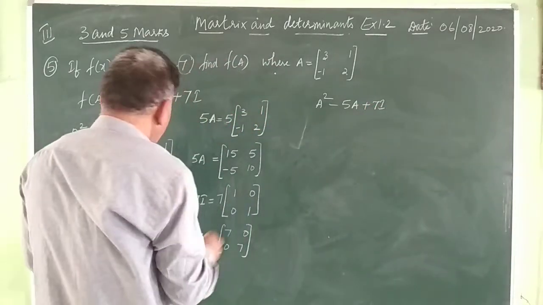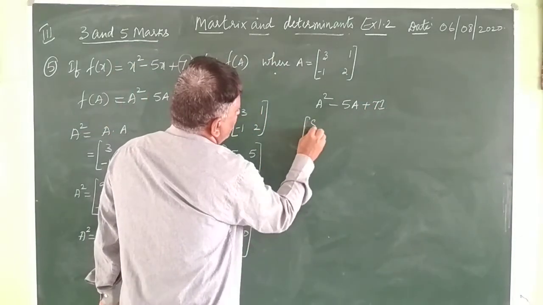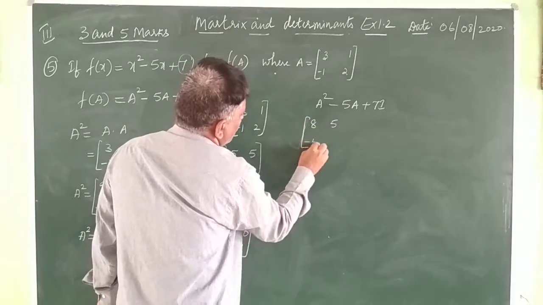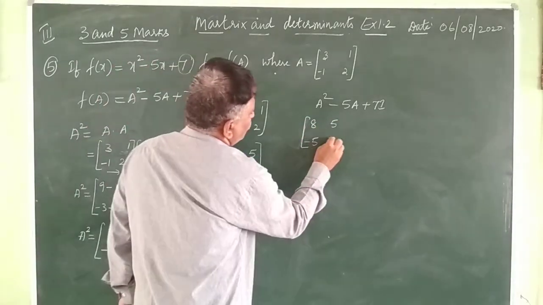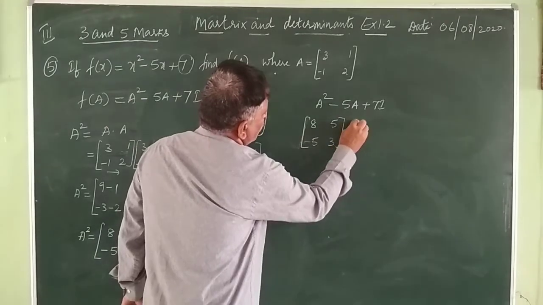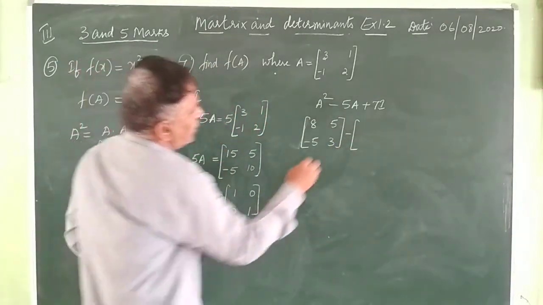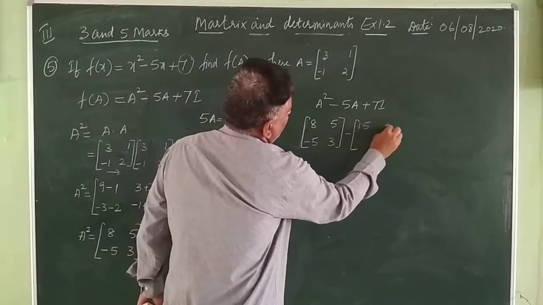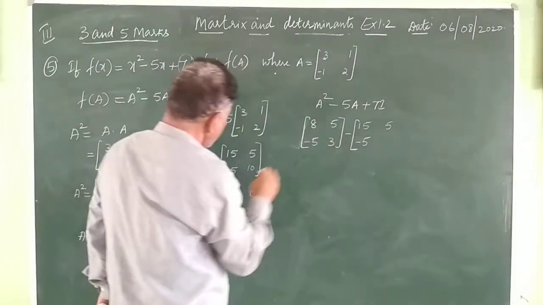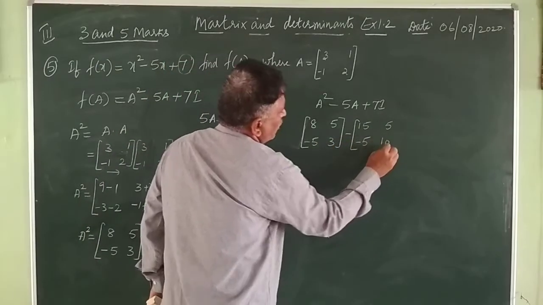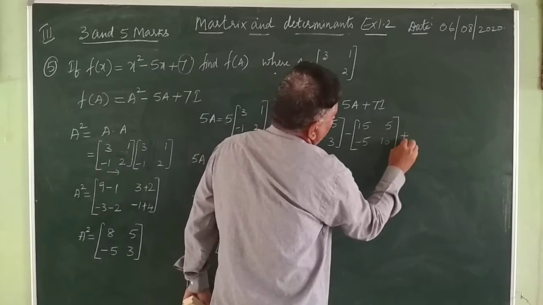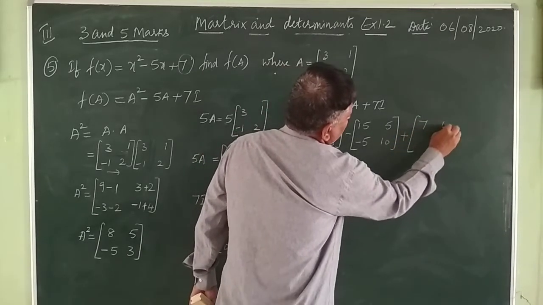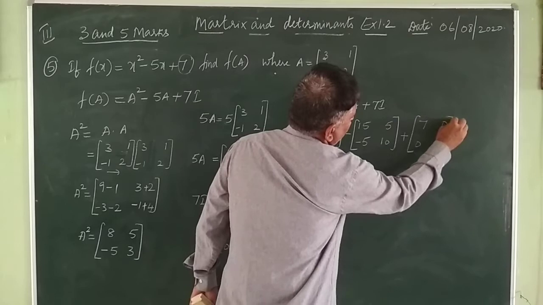What is A squared we got? 8, 5, minus 5, 3. Minus 5A, which is 15, 5, minus 5 and 10. Plus 7I, which is 7, 0, 0, 7.